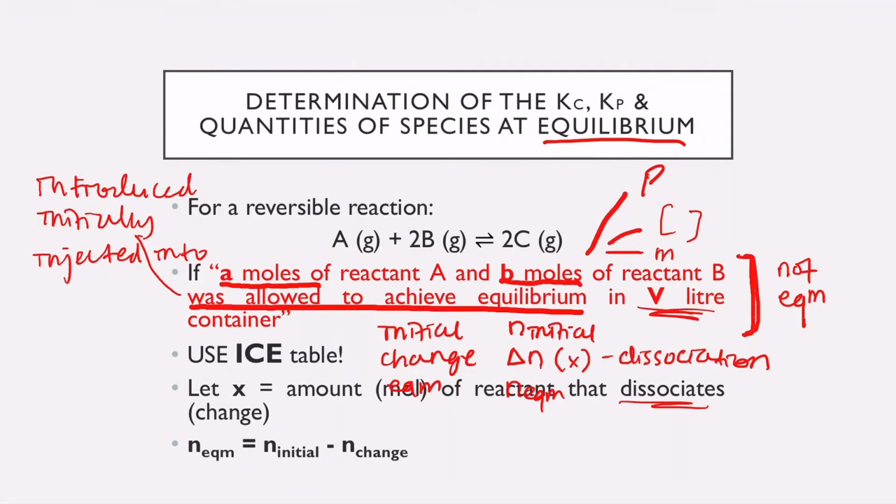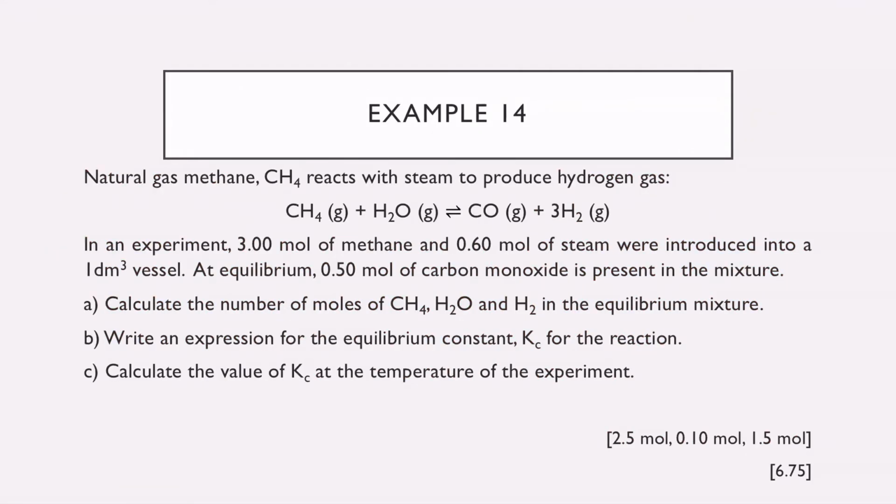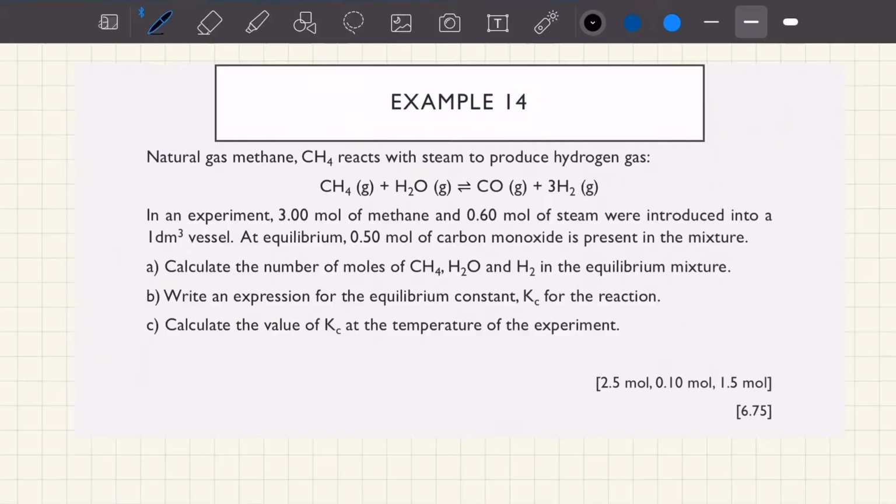So to find your mole at equilibrium, you will have to use initial mole minus delta N. Let's see how we can use our ICE table. From this question, it says that the natural gas methane, CH4, reacts with steam to produce hydrogen gas.